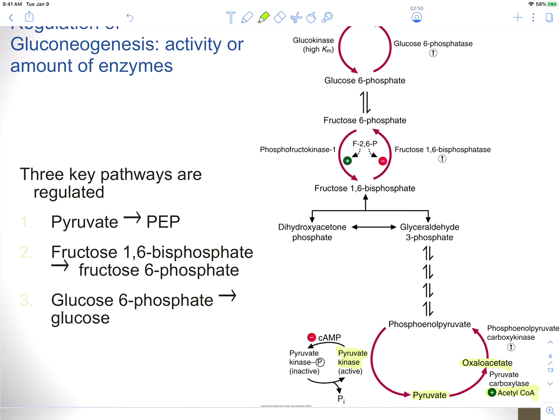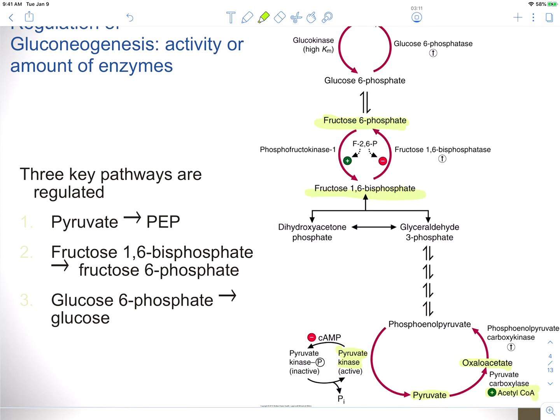Your other steps are also going to be tightly regulated, which are fructose 1,6-bisphosphate and the interchange with fructose 6-phosphate. Remember when we talked about glycolysis, there was fructose 2,6-bisphosphate.